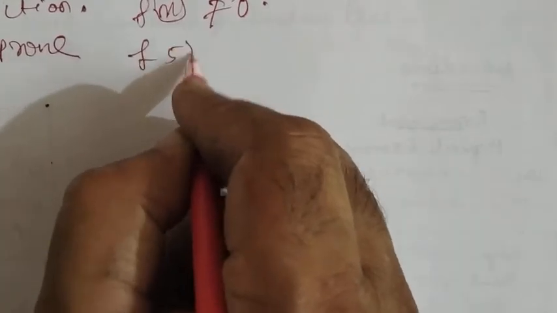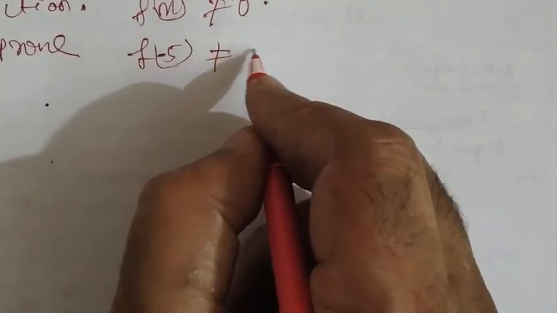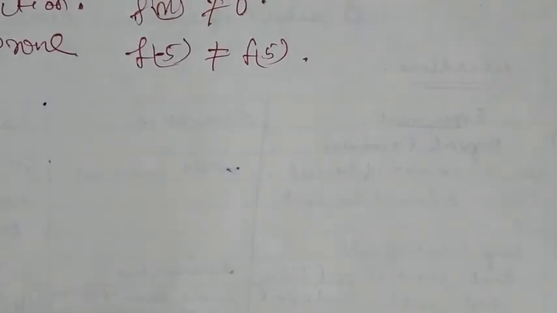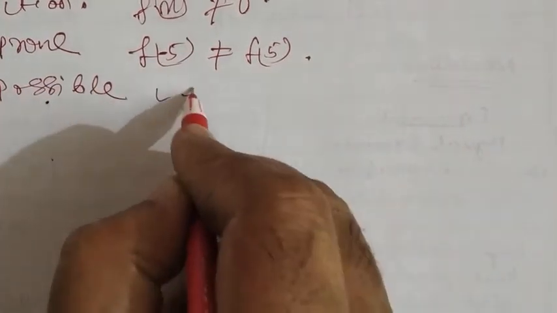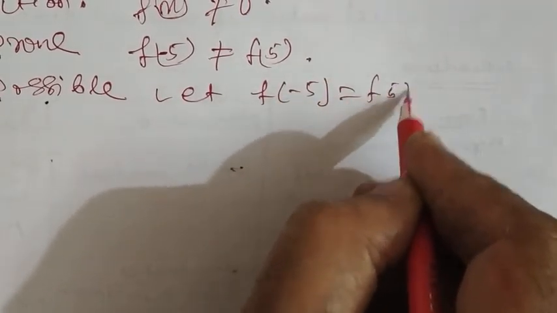To prove f(-5) is not equal to f(5). We will have to prove this. We will solve this question by method of contradiction. If possible, let f(-5) be equal to f(5).